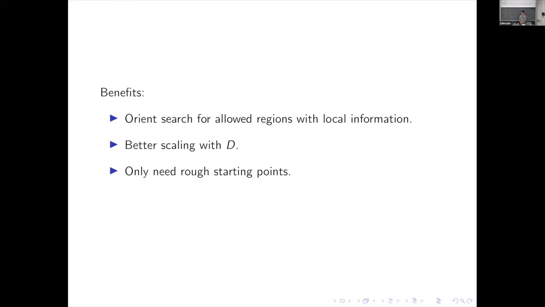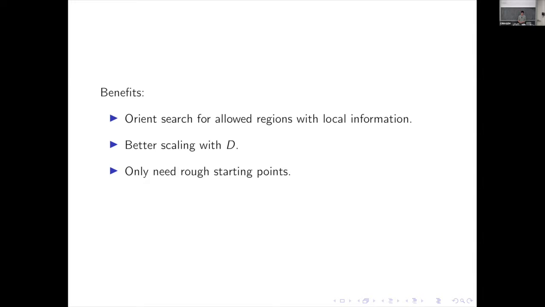So if the navigator function is very large, then we know we need to take a big step to go into the allowed region. If we want to go into allowed regions, we can minimize the navigator function, and any good minimization algorithm is going to scale much better with the dimensionality of the search space than a rough scan over every point.